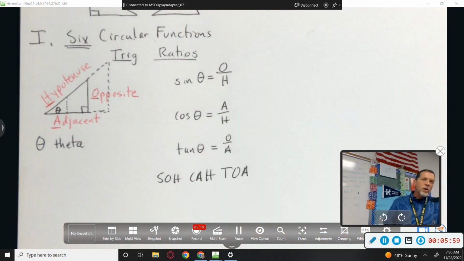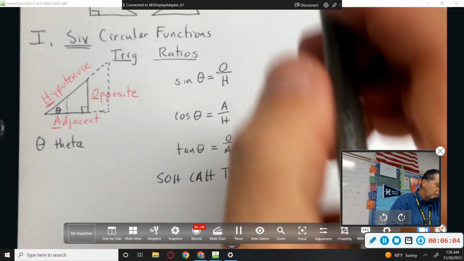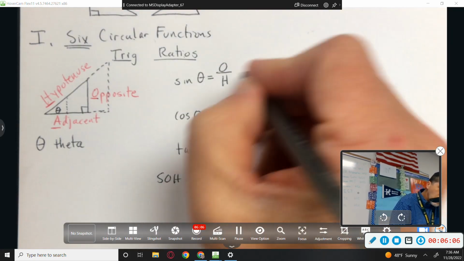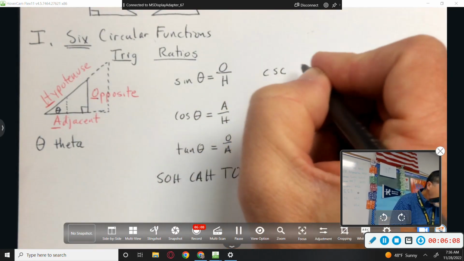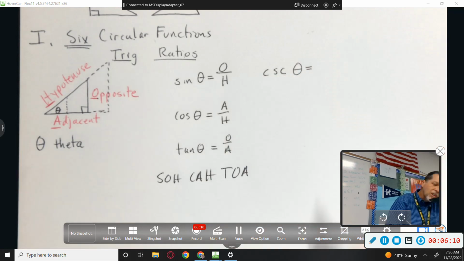That's the three you know, but there's three other ones that are reciprocals, that are flips of these. So these might be new. CSC of theta, that's cosecant.